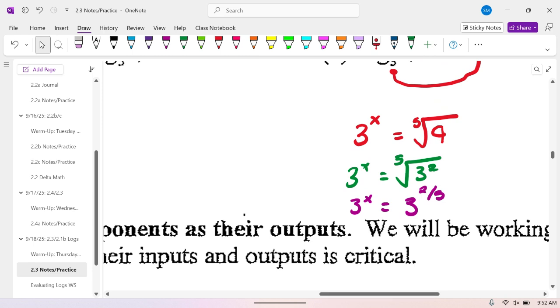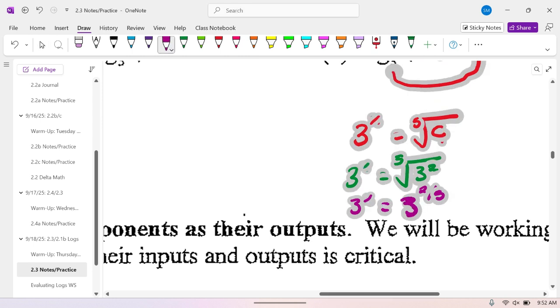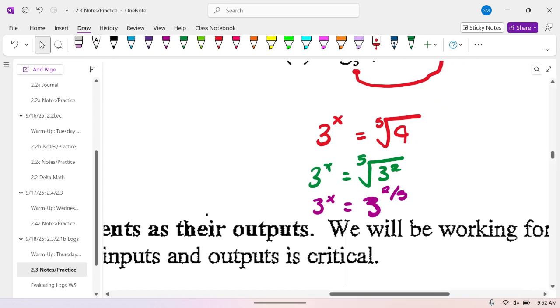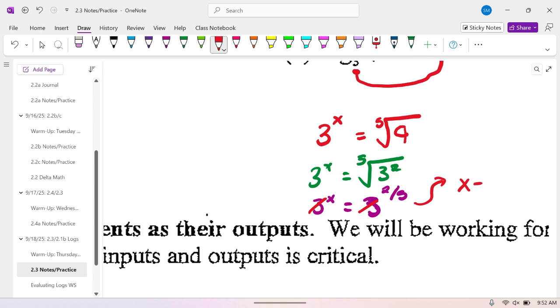All right. So remember, once we get the same base, what can we do? So review from yesterday. If we have the same bases now, what can we do? Get rid of them and then bring down our exponent. So x is equal to 2/5. So that one would have been one where you couldn't have just eyeballed it. You may have had to do some same base methods.